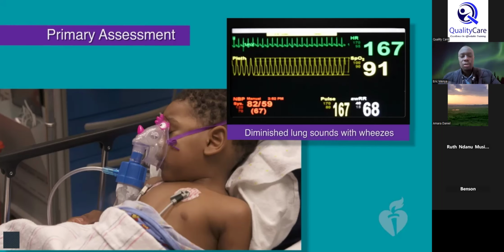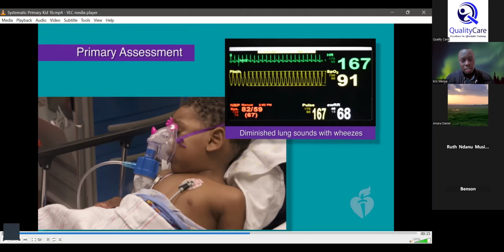That is tachycardia. What kind of tachycardia are we dealing with when you look at this ECG? It's a sinus tachycardia. Okay.